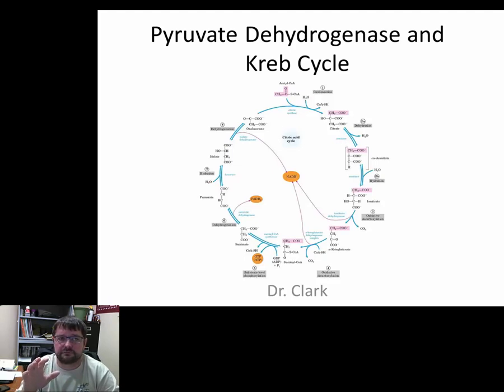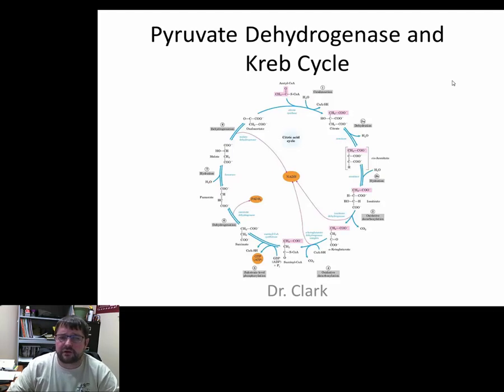I think some of you are just like, well, how is it done? And so I just want to go through that in a little greater detail in just a second. But first, I just kind of want to introduce what we're going to talk about today. We're going to talk about pyruvate dehydrogenase or pyruvate processing.